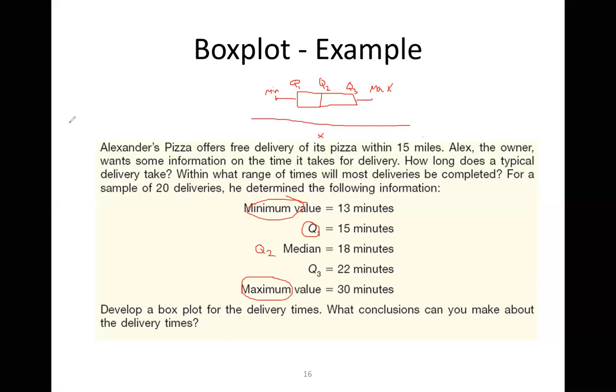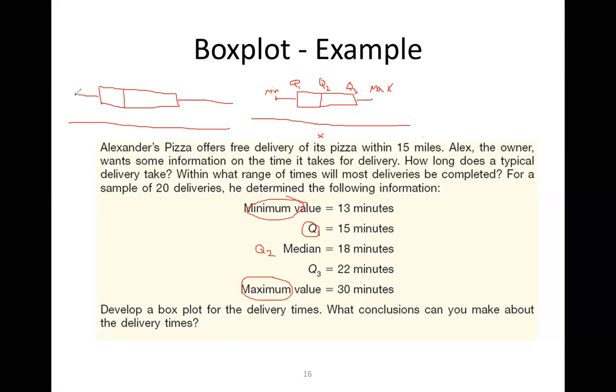Otherwise, if you have data skewed to the right, then you'll find that because Q2 is not in the middle, the length of the tail on the right is actually larger than on the left.